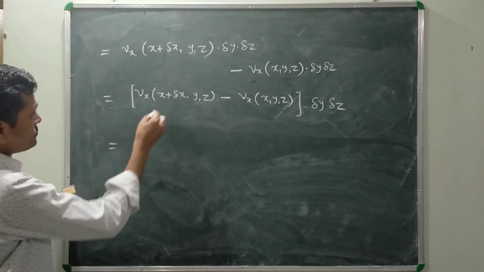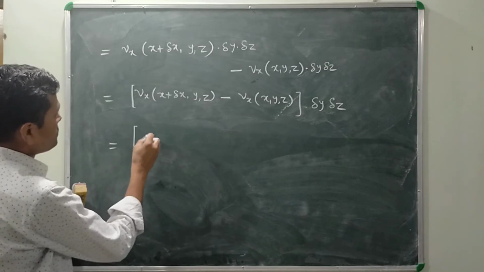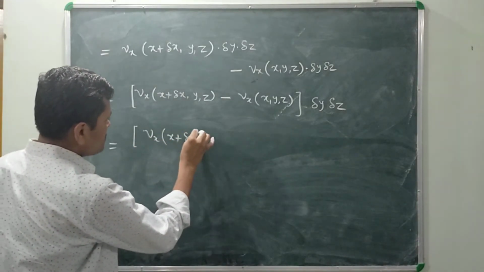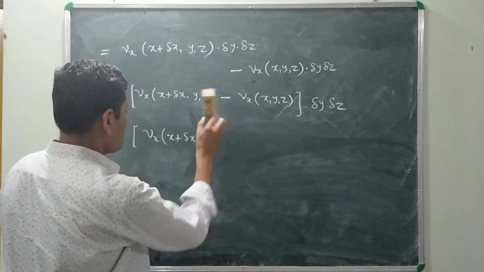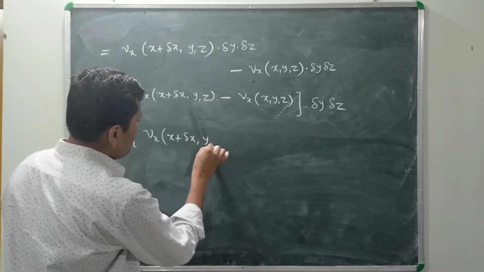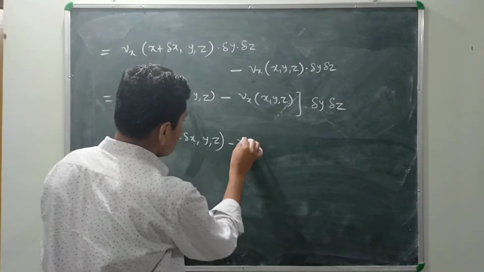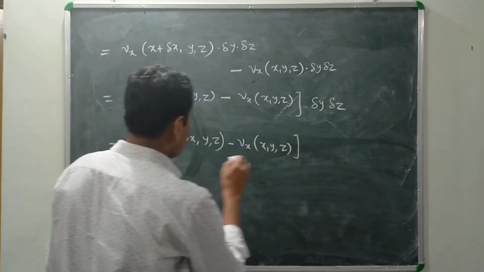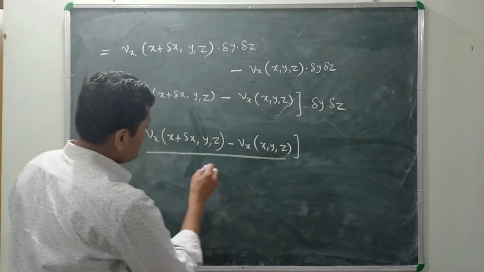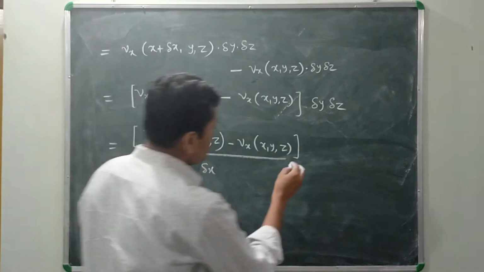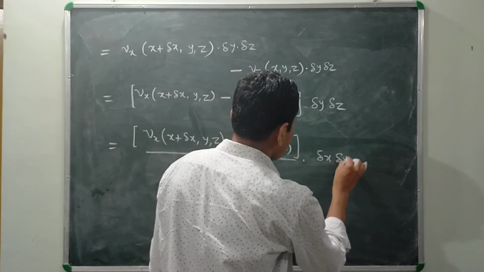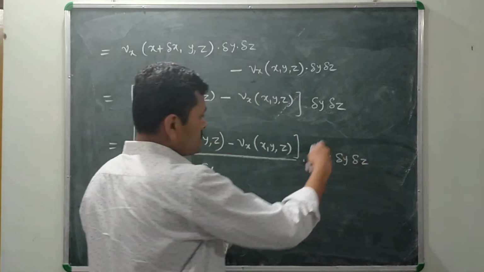Now this may be simplified as [Vx(x plus delta x, y, z) minus Vx(x, y, z)] upon delta x into delta x delta y delta z. And what is this?